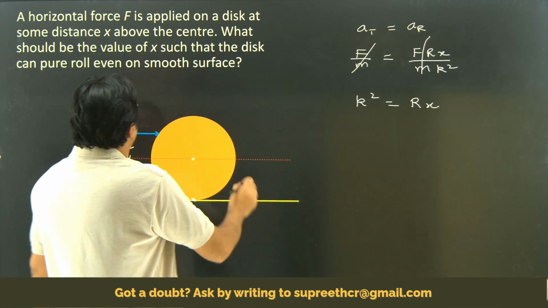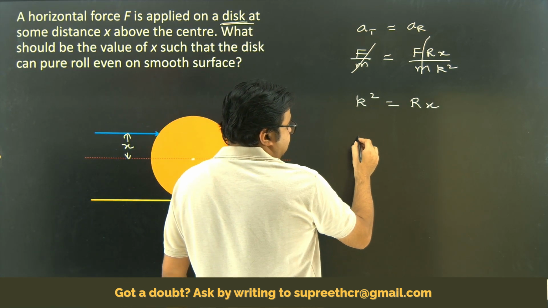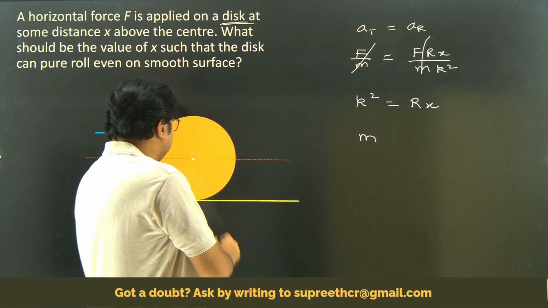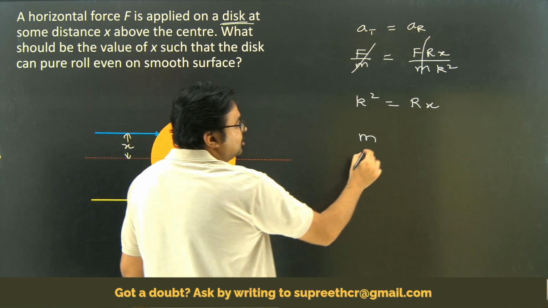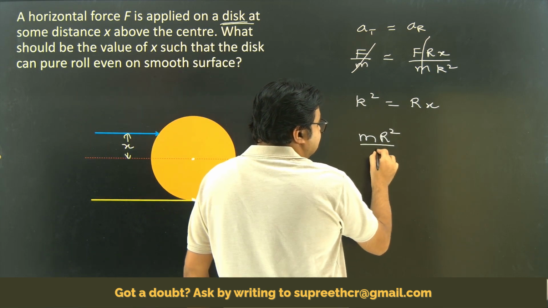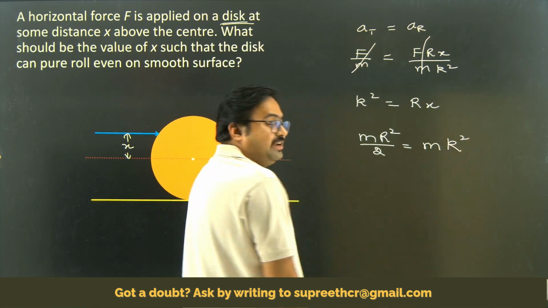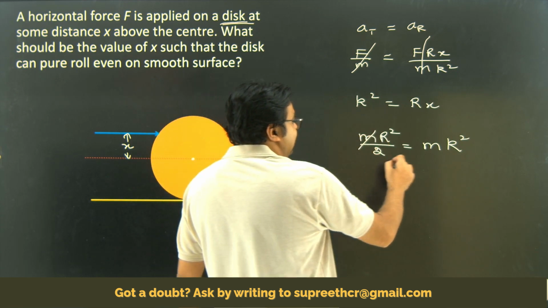The question says it's a disk, right? If it's a disk, my friends, then the moment of inertia of a disk about an axis passing through the center perpendicular to its plane is MR square by 2. That's the moment of inertia, and that would be equal to MK square. To find the radius of gyration, equate any moment of inertia to MK square. You will see that M gets cancelled.